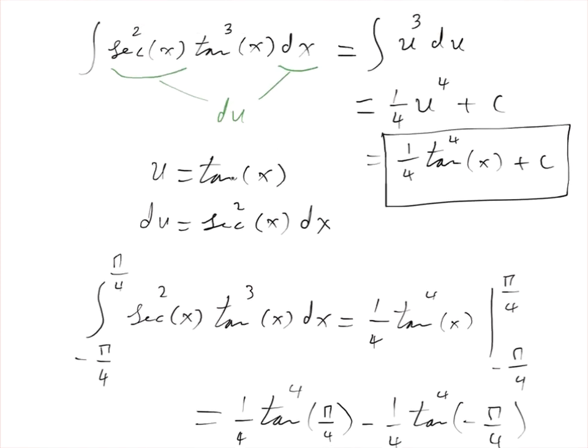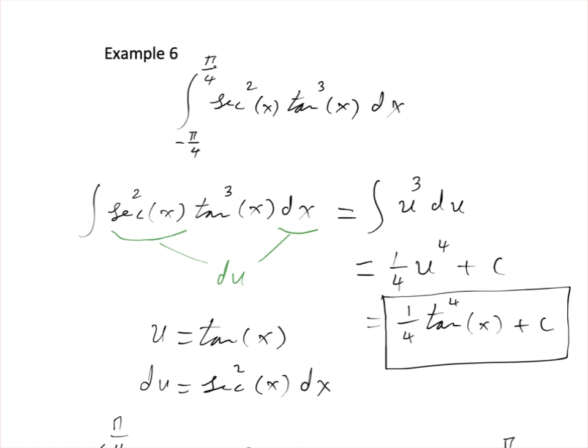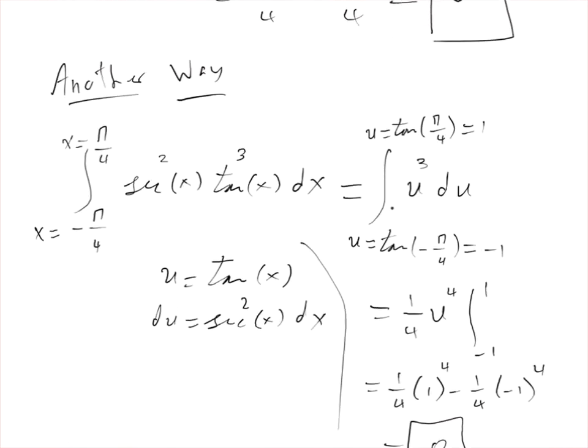So you just use whatever you feel comfortable with, this way or the first way that I did, where I just ignored the limits. But make sure when you do that, you have to open a new line. You can't just continue there, because if you just continue changing to u and still keep the original limits, then the new integral is not equal to that.